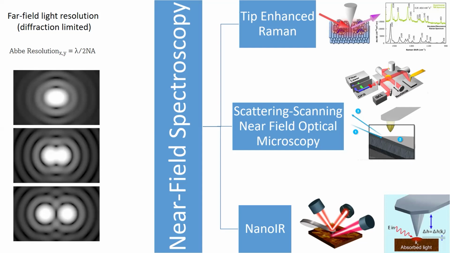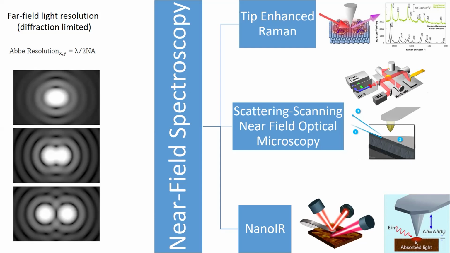So that makes this a challenging tool to work across a whole range of applications. Scattering SNOM is extremely time-consuming and very difficult to work with, but you can work across a wide range of materials. So that's not a limiting factor in this case, but it is more just the time consumption.